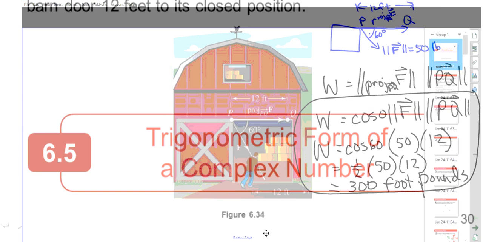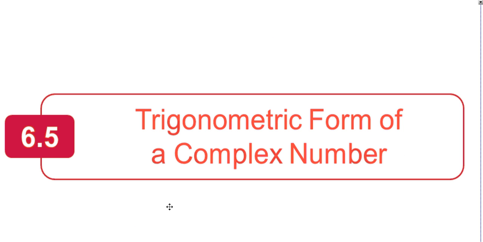So I really think I'm just going to end today by saying we're going to do the trigonometric form of a complex number. And this might seem complicated to you when we do it, but it's kind of back to just plain old math, or trigonometry. I'm happy to do that.